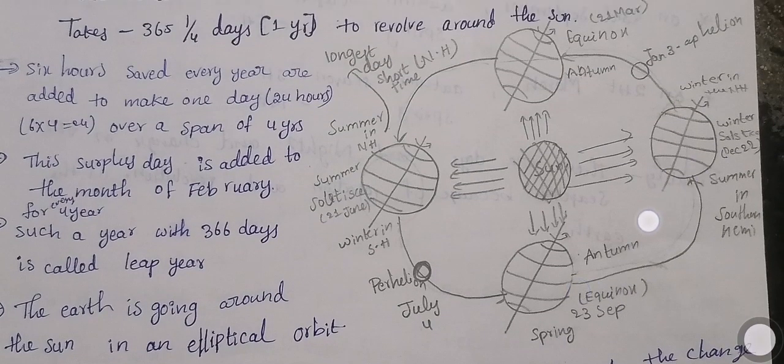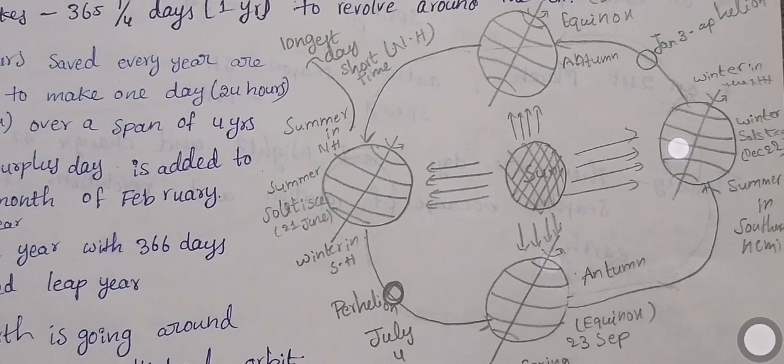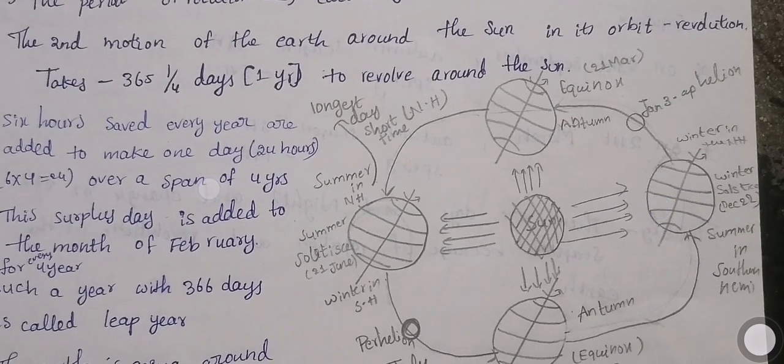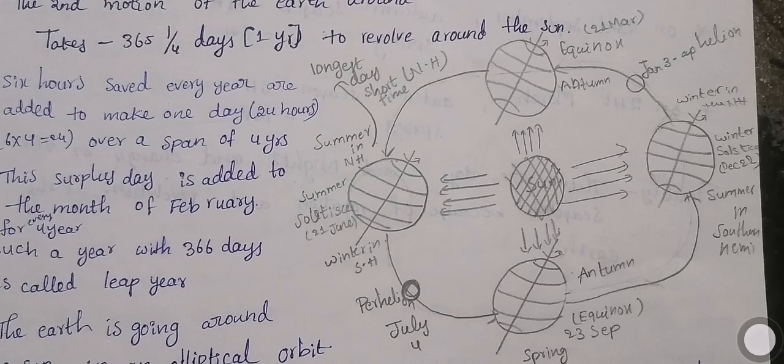Here, if you look at this diagram, we have 4 positions of the earth with respect to the sun: 21st March, 21st June, 23rd September, and December 22nd. First, we come to 21st June.